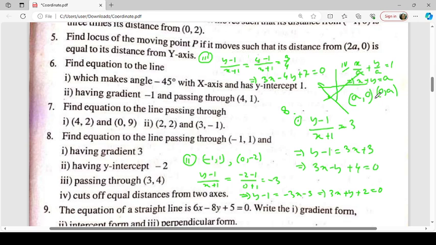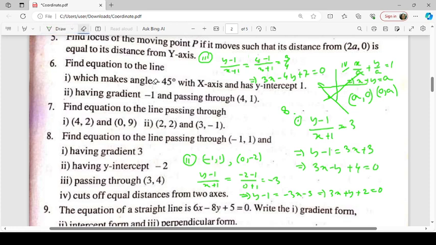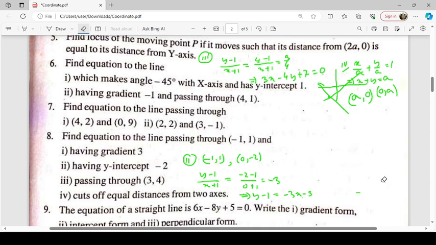So (a, 0), (0, a), if it passes through this one, then x plus y is equal to a.